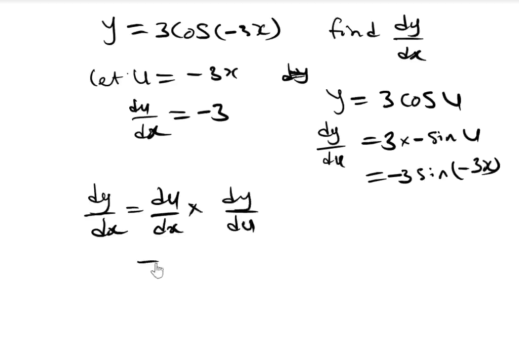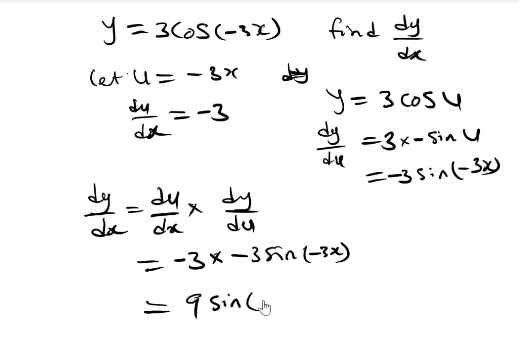We already have du/dx to be minus 3, multiplied by dy/du, which is minus 3 sine of minus 3x. Minus 3 multiplied by minus 3 will give me 9 sine of minus 3x. This is the final answer.